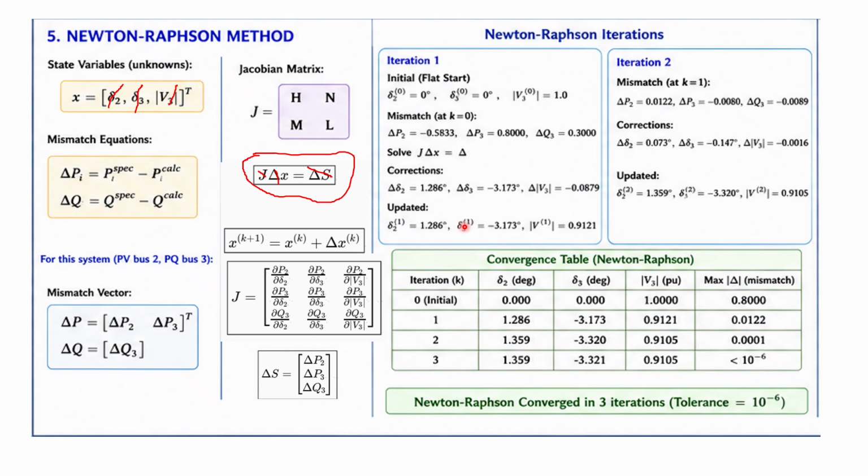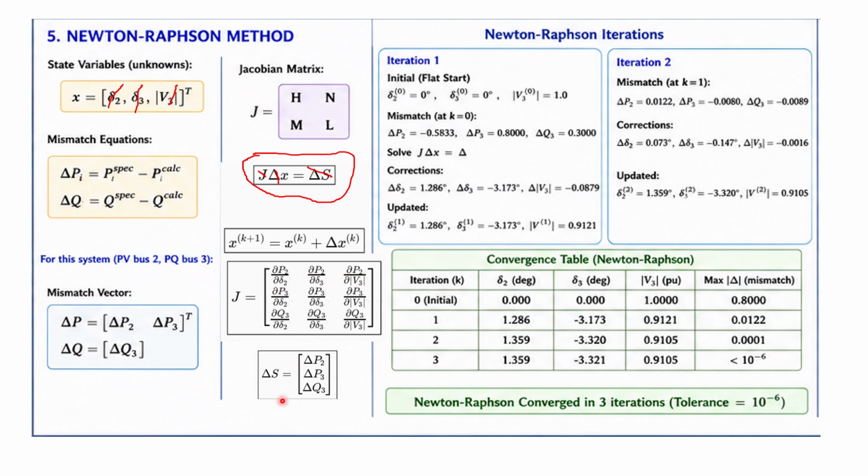The mismatch is obtained for P2, the active power at bus 2, P3, active power at bus 3, and Q3. So by considering that, if the mismatch is greater than the tolerable error value, again we'll go to the next iteration. When we go for the next iteration, we will calculate a Jacobian matrix with the new updated value.